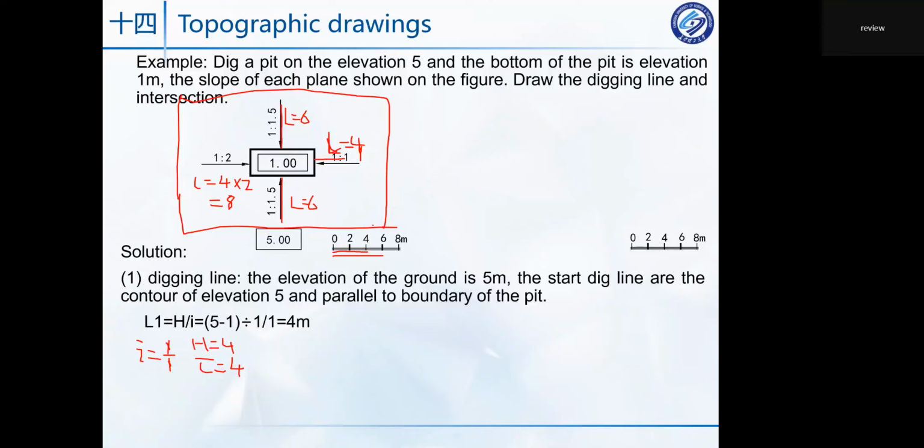As for the left one, L is equal to 8, so you find the distance of 8 on the scale ruler and move it here. Now you can draw the lines parallel to the slope lines, this one, this one, and this one.